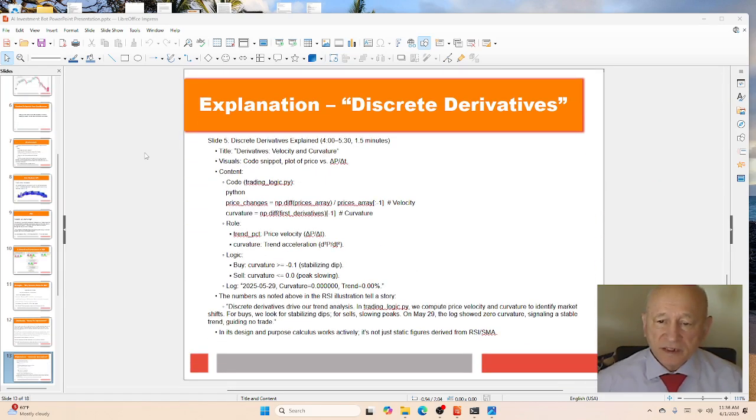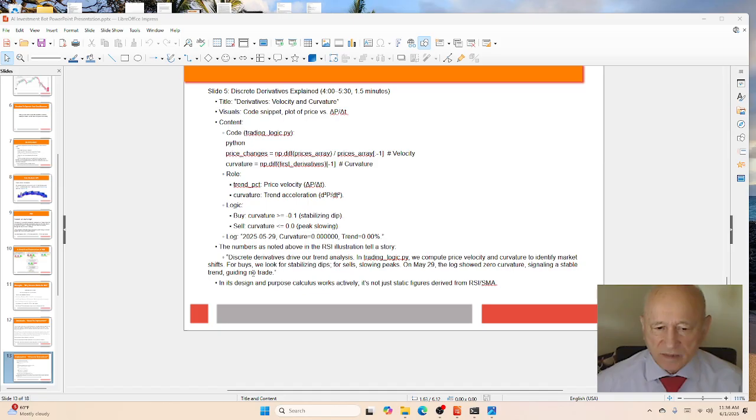Now, for an explanation of discrete derivatives, I point out a few things here. It gives the algorithm an advantage because it uses very fluid calculations of the curvature related to the buy and sell points.